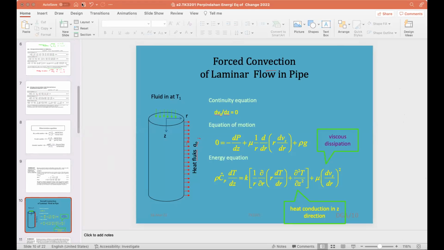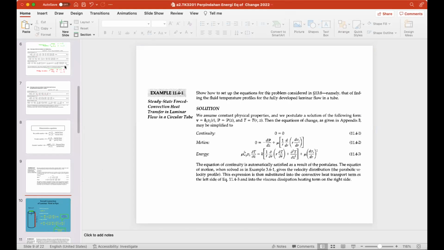Wait, let's copy the equation. Okay, the first one, for me to explain this one, maybe we can write it here.